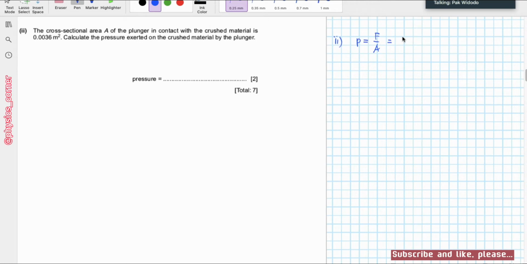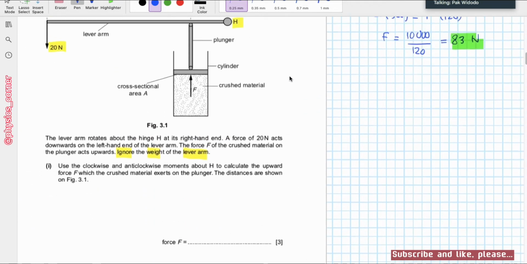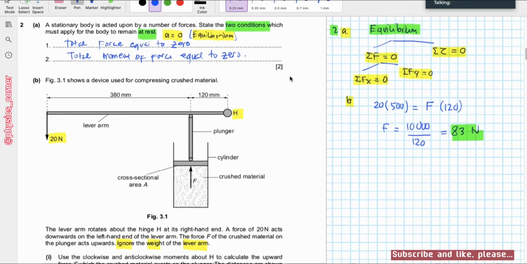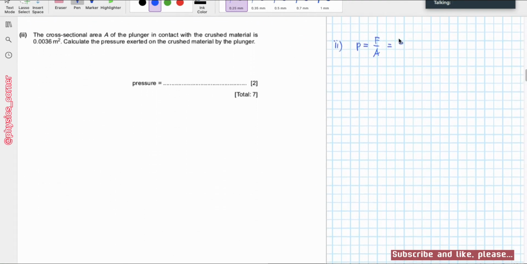We have force equals 83 newton divided by A, which is 0.0036. So let's calculate.